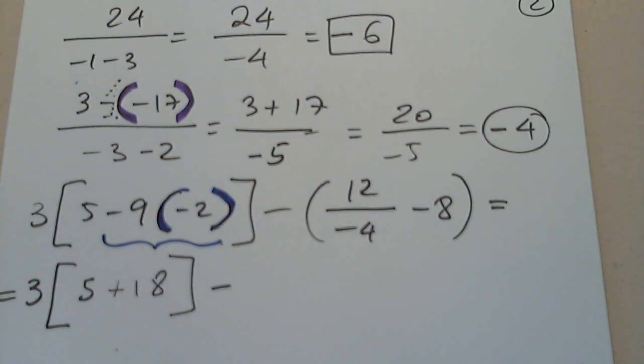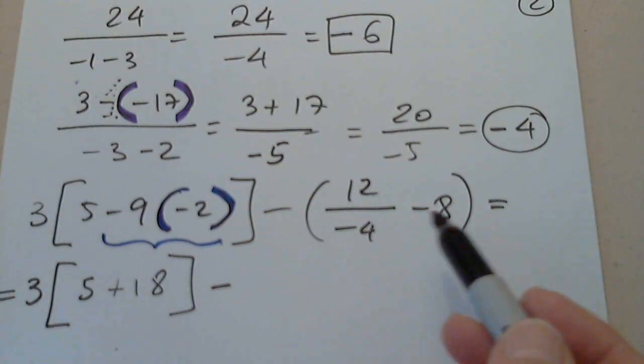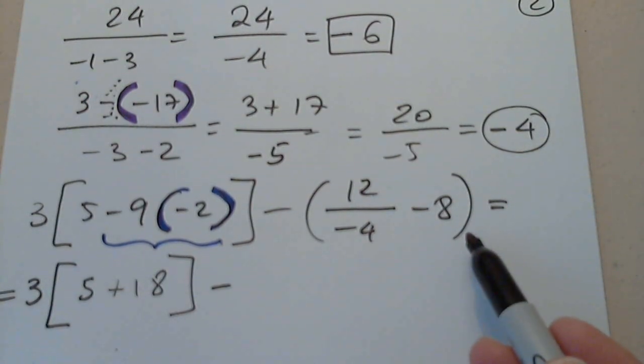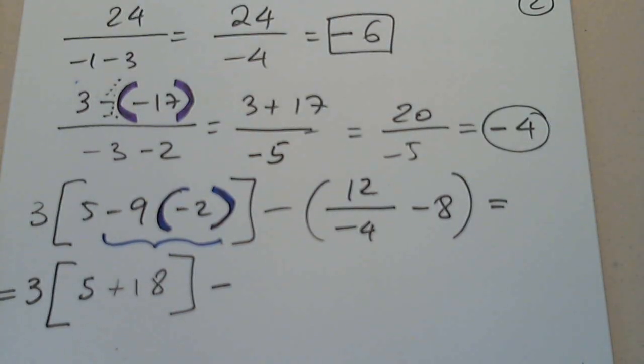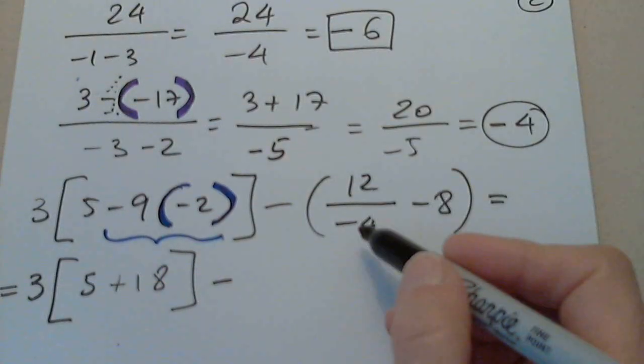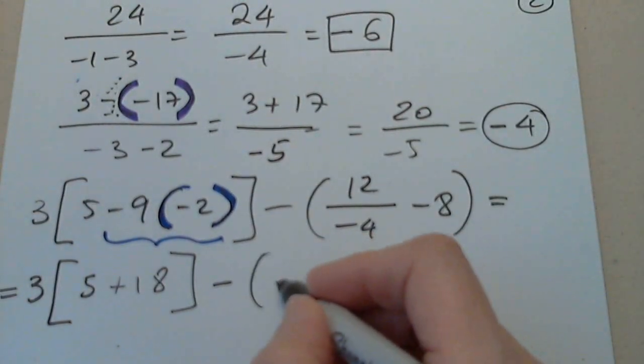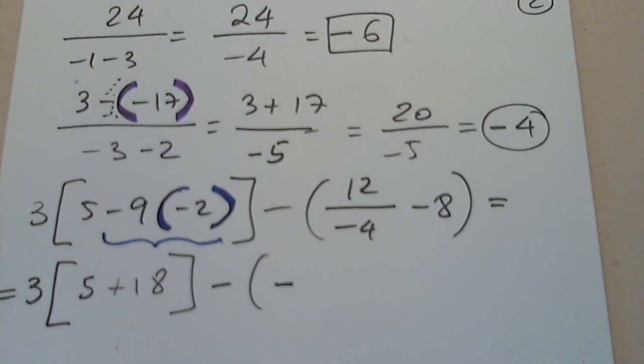Minus. Inside, now these are parentheses, as they are meant to be. Which operation will you perform first in parentheses? Divide 12 by negative 4. Exactly. First, deal with the sign. Always. Always say positive over negative is negative.